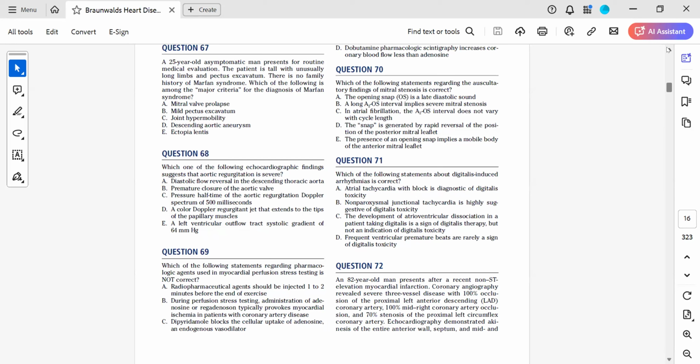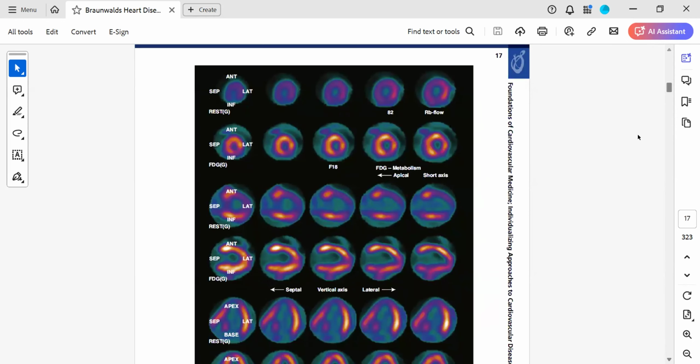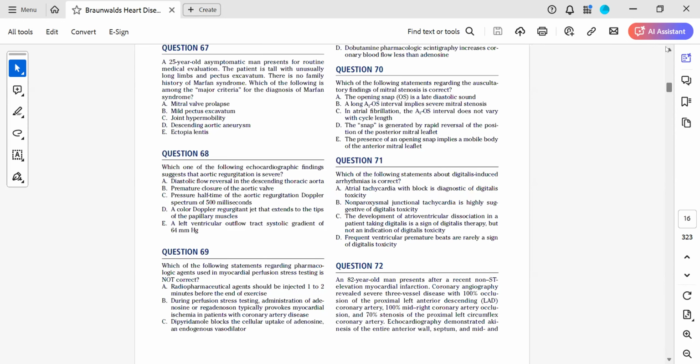Okay, question 72. An 82-year-old man presents after a recent non-ST elevation myocardial infarction.